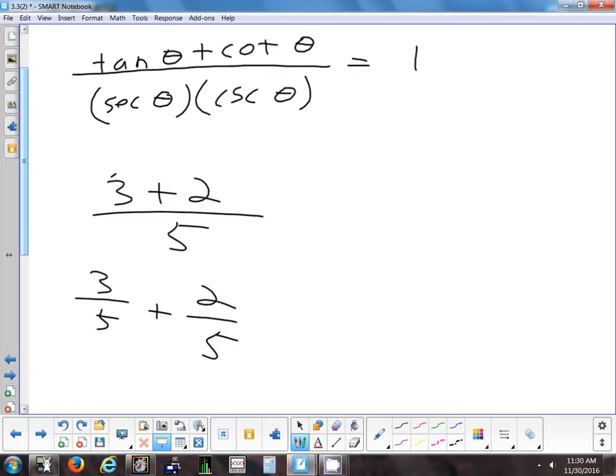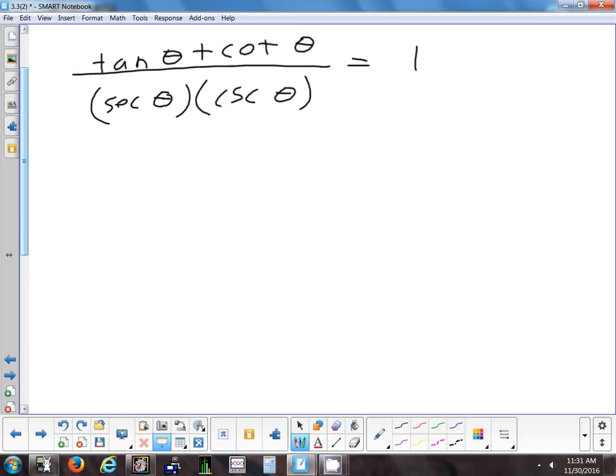You can take the first piece and put that over the denominator, and take the second piece and put that over the denominator separate. Any reason why you think that might work? I think it would be easier canceling out. Okay. Let's do that then. I didn't even think of that, but let's try it.